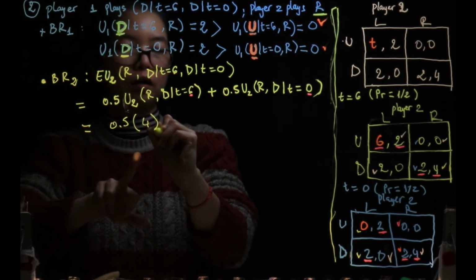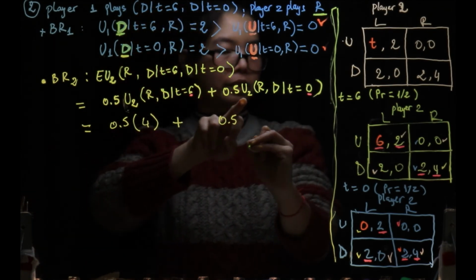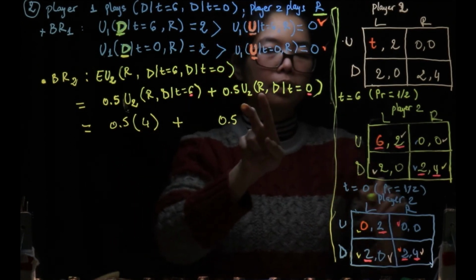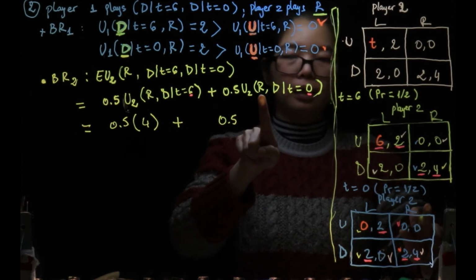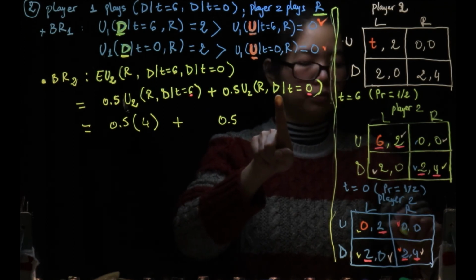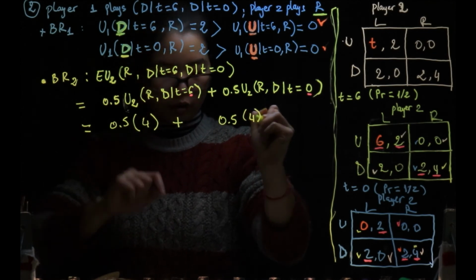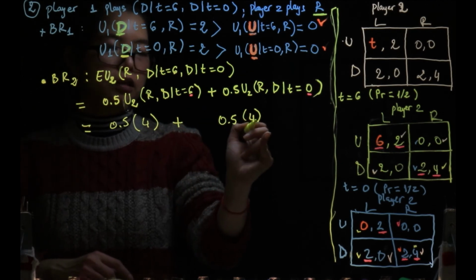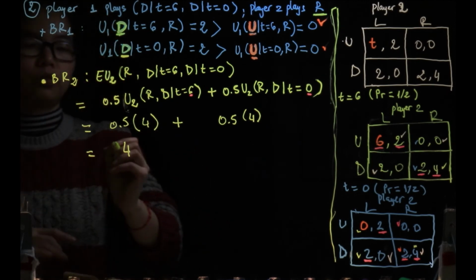So that would be 4, plus again 0.5 times the payoff of player 2. Now t equal to 0, last table, last column, down, last row, this one, and the second payoff is 4. So 0.5 times 4 plus another 0.5 times 4, which is 4 in total.